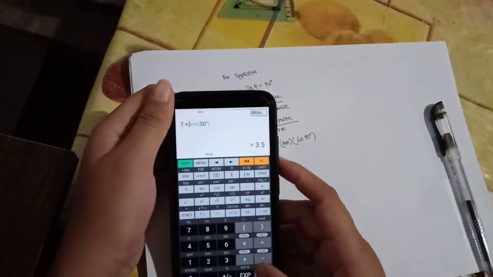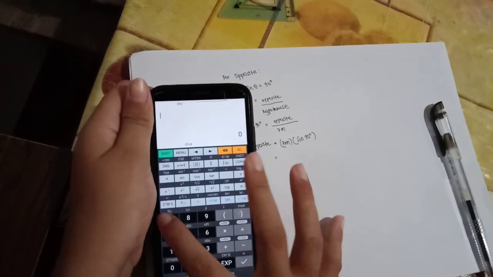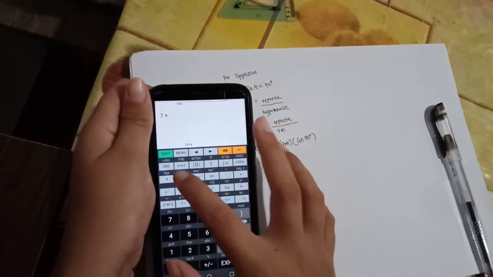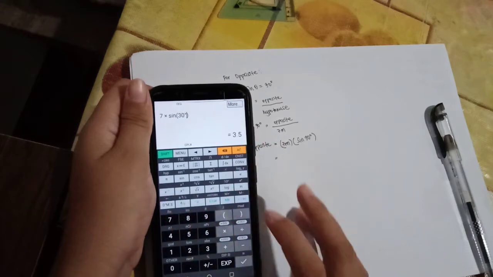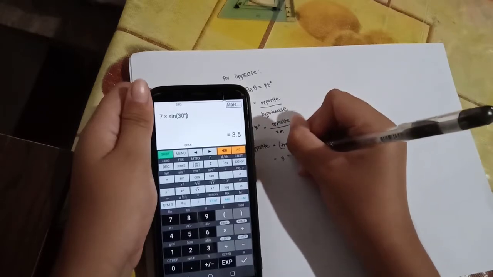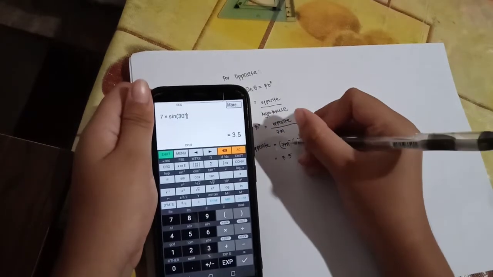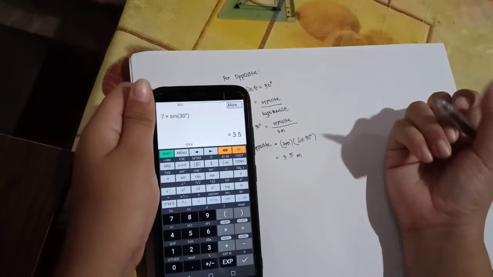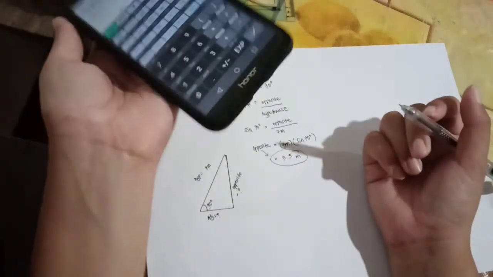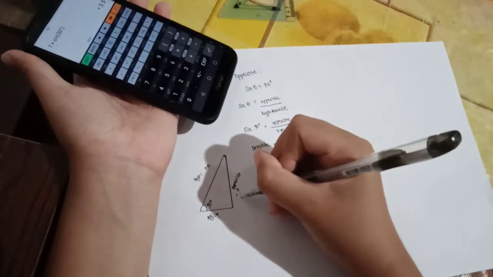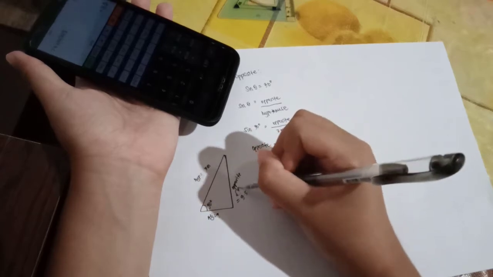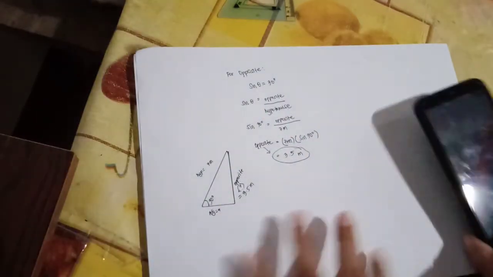So 7 times sin 30 degrees is equal to 3.5. The measurement is meters. So that is now our opposite, 3.5 meters. The question mark is gone since we already found it.